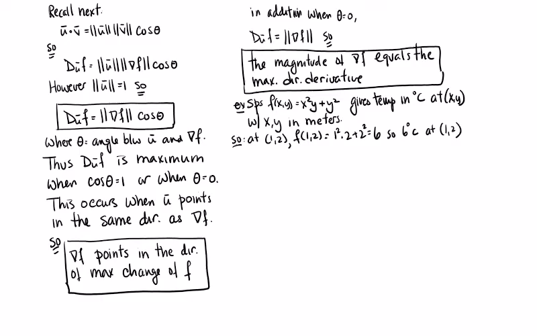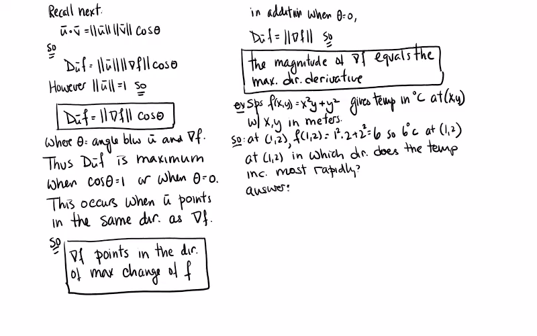Then suppose you're at (1, 2) and you want the temperature to increase as much as possible. Which way do you go? At (1, 2), in which direction does the temperature increase most rapidly? The answer is the gradient. So we take the gradient.